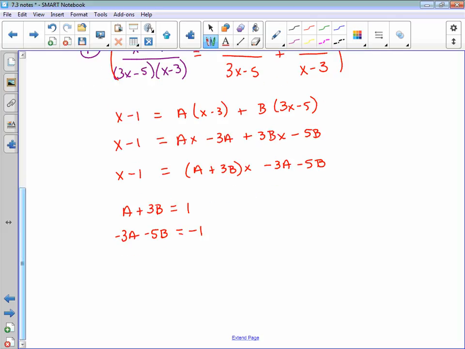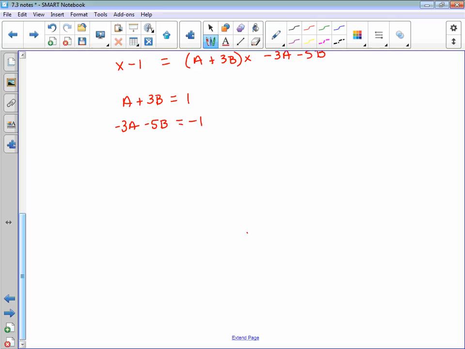Elimination is going to be the easiest route here. So if I took this first equation, what would I multiply it by? I'm just going to go times 3, so that'll give me 3a plus 15b equals 3, and then I can just add those two equations together. What do I get? 10b equals 2, b equals 5.